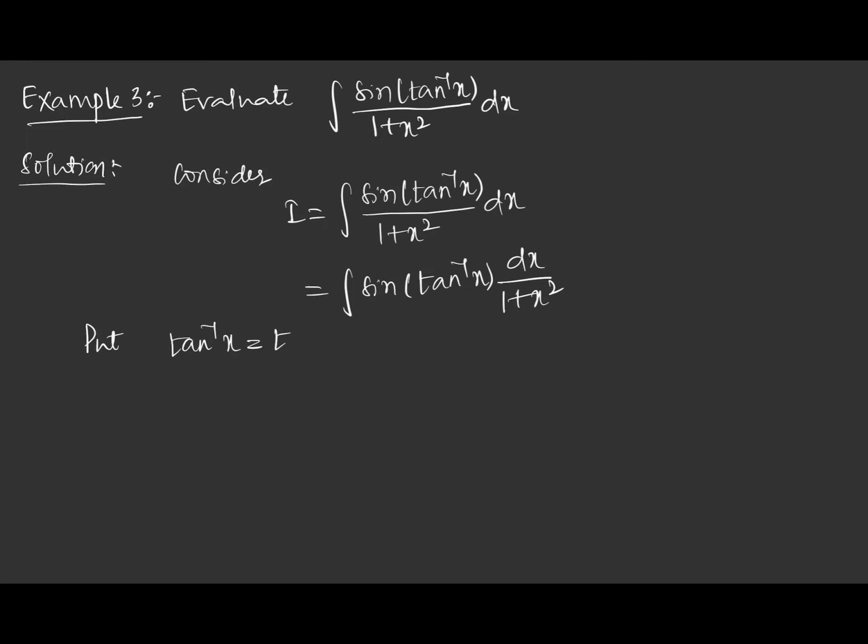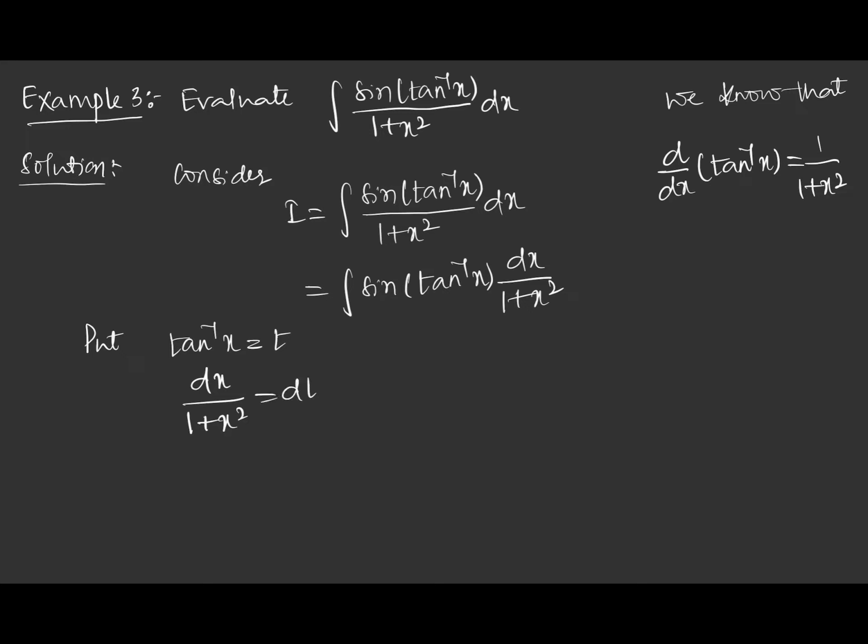On differentiating, we know that d by dx of tan inverse x is equals to 1 by 1 plus x square. So on differentiating this, we will get dx by 1 plus x square is equals to dt.